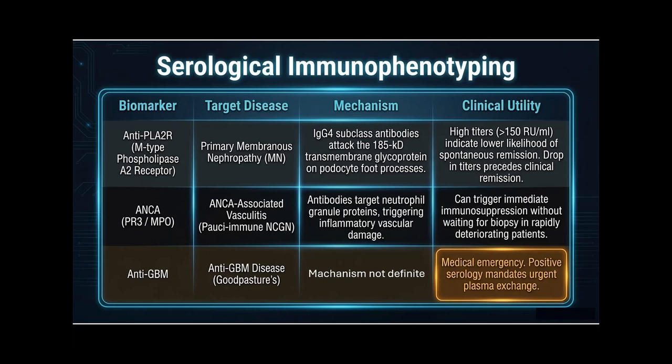Antibodies target neutrophil granular protein, triggering inflammatory vascular damage, and you can start immediate immunosuppression without waiting for the biopsy. That means what? In ANCA, you don't even wait for the biopsy. If you find the PR3 or MPO antigens positive, it is a pauci-immune glomerulonephritis, and immediately you should go for immunosuppression.